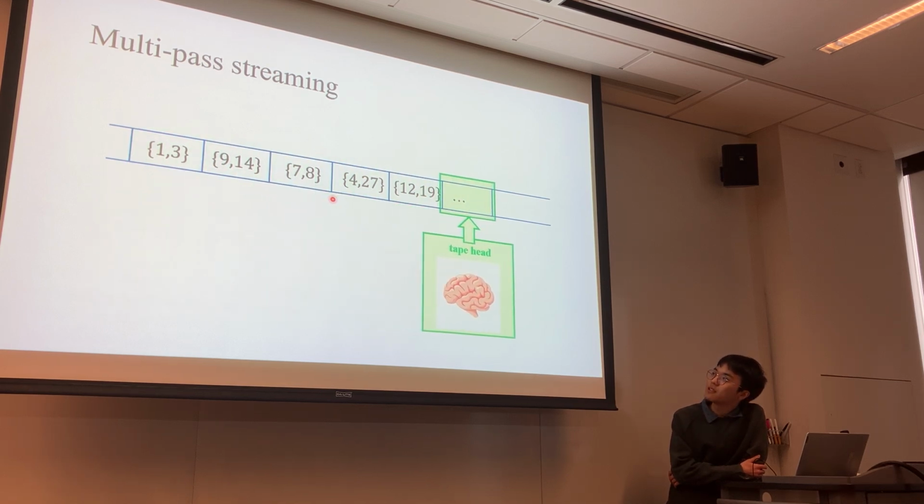So this is the access that is allowed. And usually the Turing machine is assumed to have a sublinear space bound. Usually we assume that it's maybe polylog n memory.